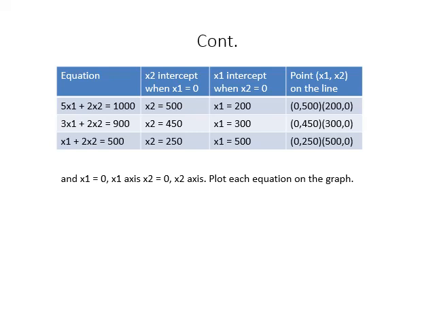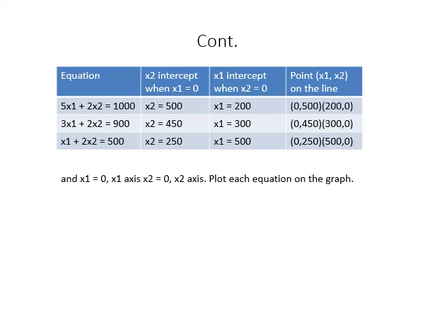Move to the next equation. 3x1 plus 2x2 equals 900. If x1 equals 0, then x2 equals 450. If x2 equals 0, then x1 equals 300. The points are 0, 450 and 300, 0.